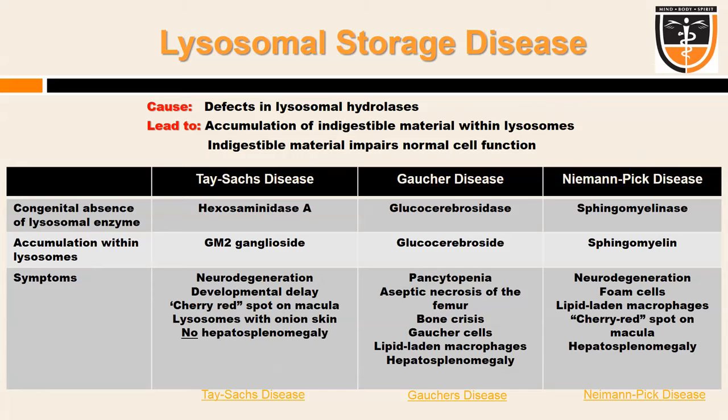So they will develop what? What system will be affected first? Myelin. Nerves. So these individuals will develop neurodegeneration. They will have foam cells that are very similar to Gaucher cells, macrophages full of undigested material. They will have cherry red spots on the macula, same as Tay-Sachs disease, and they will have hepatosplenomegaly.